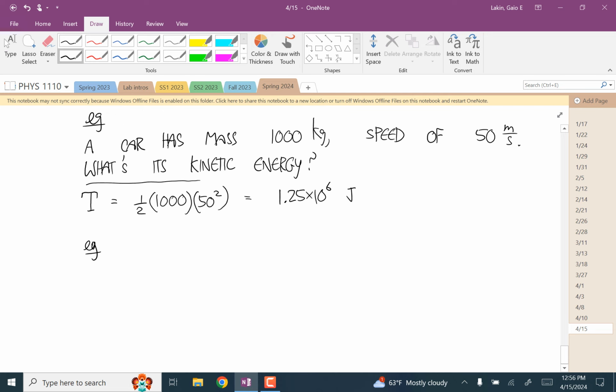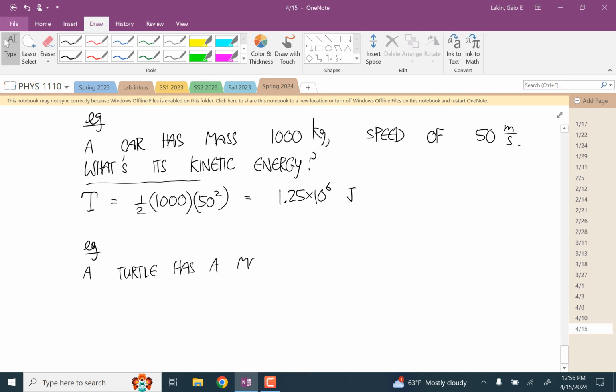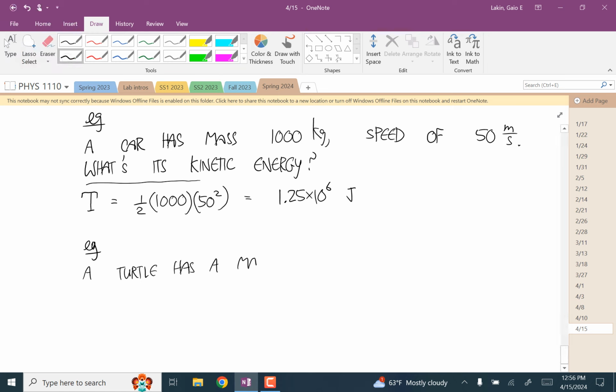What about like a turtle? A turtle has a mass of, I guess it depends on the turtle, let's say 0.1 kilograms, and a speed of 0.5 meter per second.